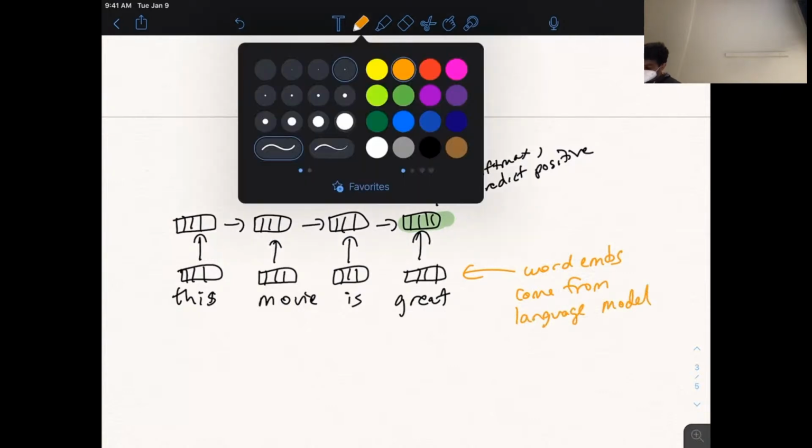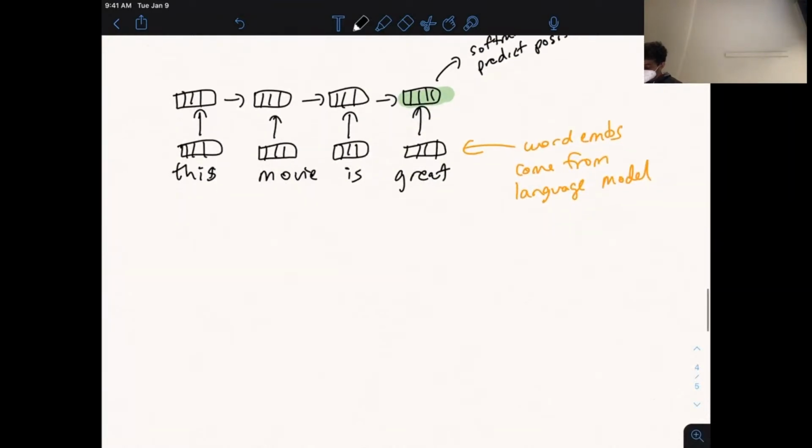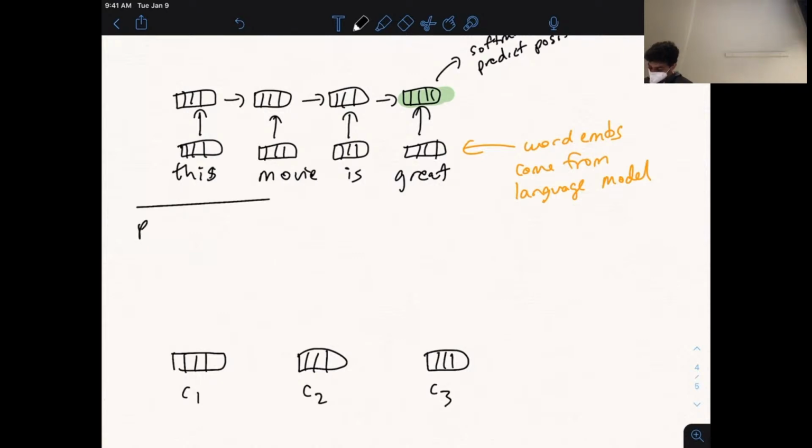So specifically, and I'll simplify some things here that you can read the ELMo paper for more details, but basically, if I have a language model, so let's say I have a recurrent language model, C1, C2, C3, so let's say I have an RNN LM.